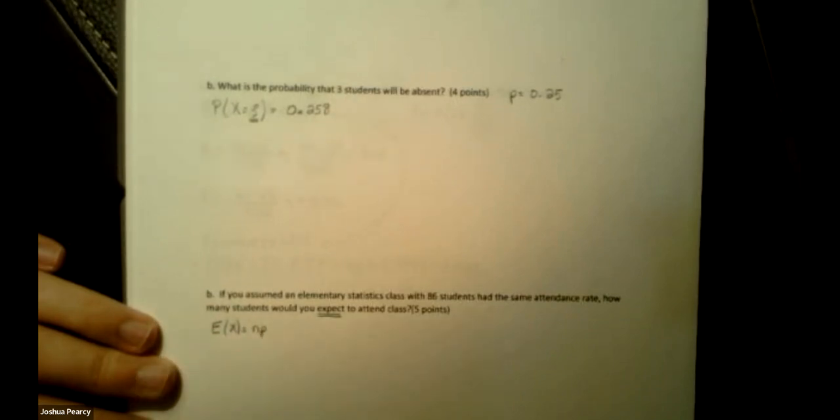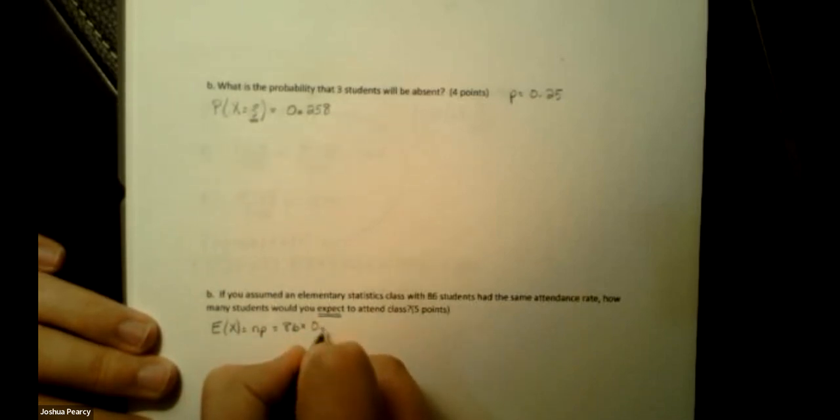Remember that the mean is equal to the number of trials times the probability of success for a binomial random variable. The number of trials is the number of students, or 86, and the probability of success is the probability that they show up to class, which was 0.75.